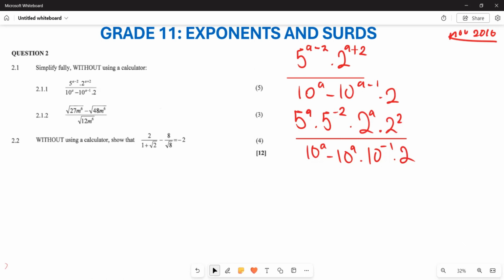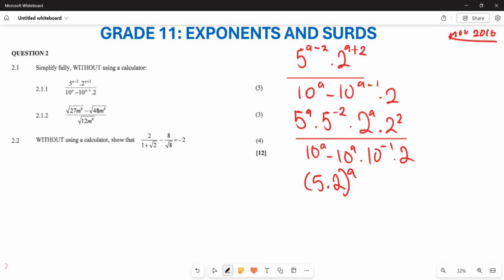Can you see that 5 to the power of a multiplied by 2 to the power of a can be written as 5 multiplied by 2, all to the power of a? Because this is one and the same thing. Remember, if you multiply the bases, this is still 5 to the a, still 2 to the a. So now this is the same as that.